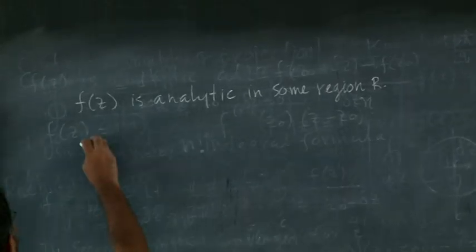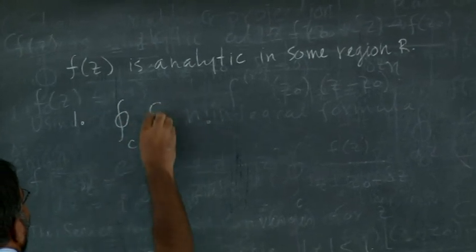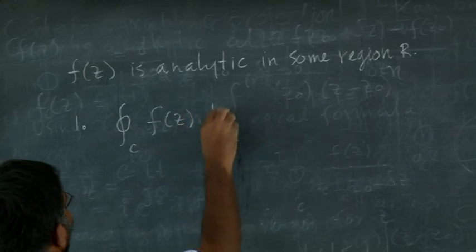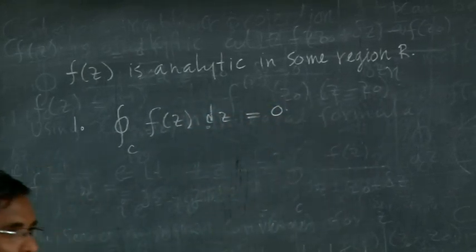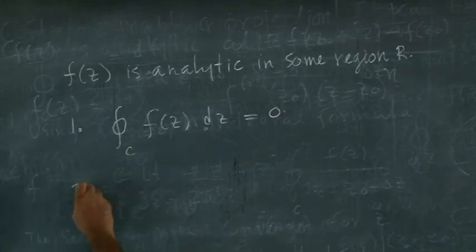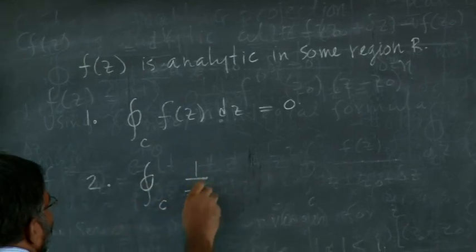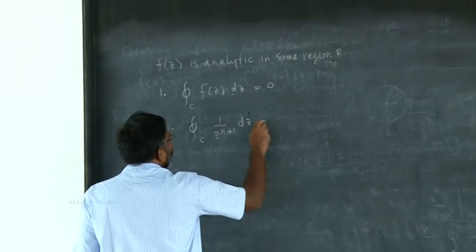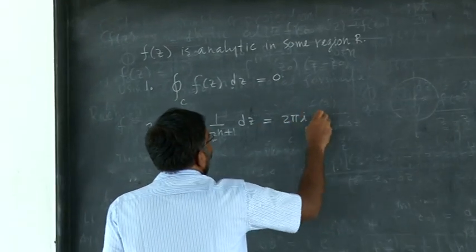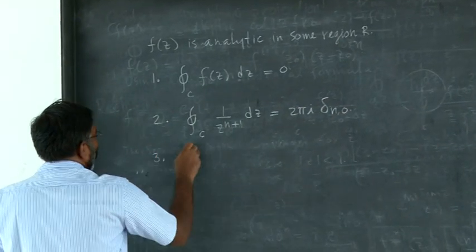If we have a function that is analytic in some region R, then the first result that we have is that the integral over a closed contour of f of z is 0, and then the second result that the integral over a contour of 1 over z plus n dz is equal to 2 pi i delta n comma 0.